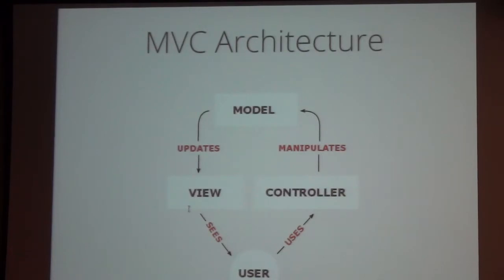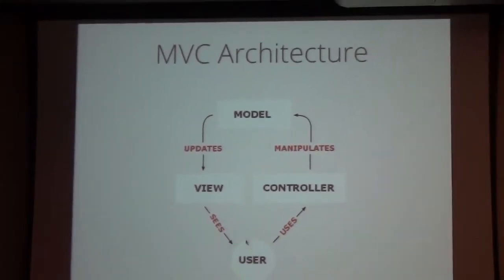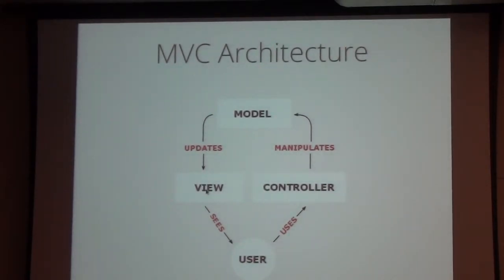So I want to talk a little bit about the model view controller architecture that AngularJS has. This model view controller diagram is just straight from Wikipedia. It's a fairly standard architecture, especially in UI-based applications, where we have our user, and he's looking at a view, right? He's looking at the web application, the HTML that we're creating.